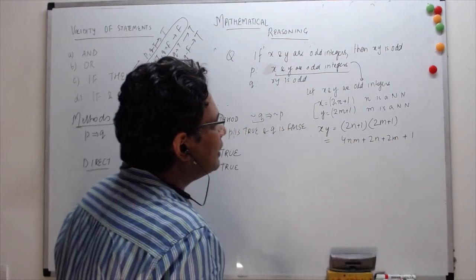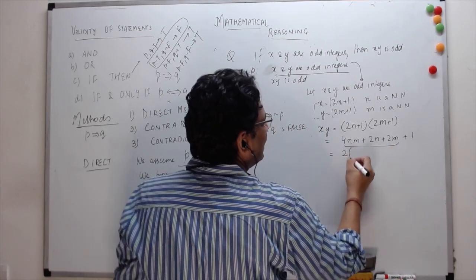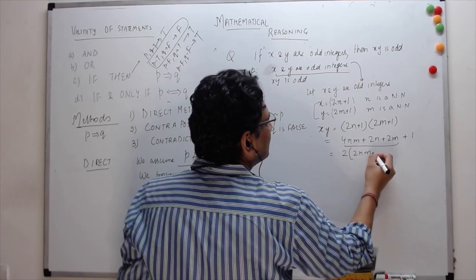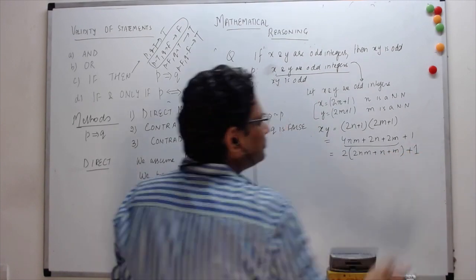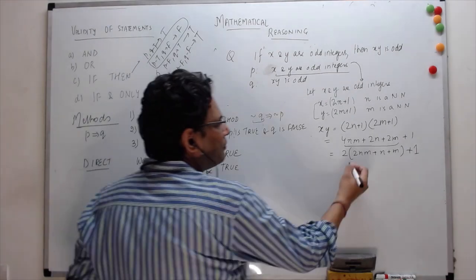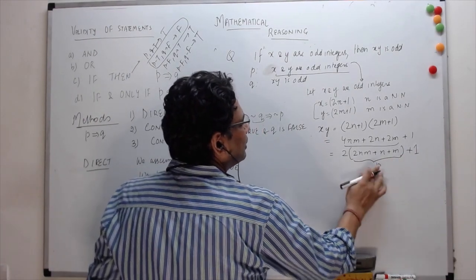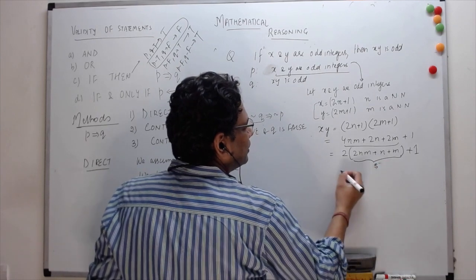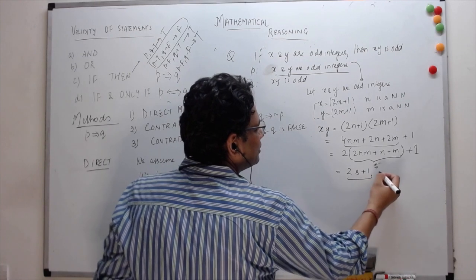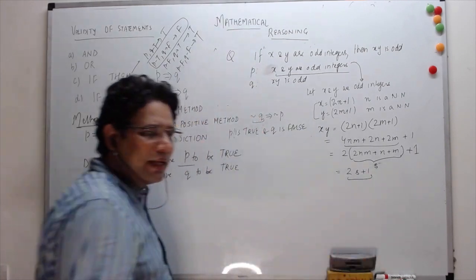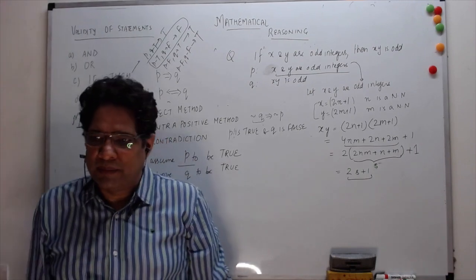I can take 2 common out of this and write it as 2(2nm plus n plus m) plus 1, which is of the form 2 times s plus 1, where s is some other number. This is an odd number.